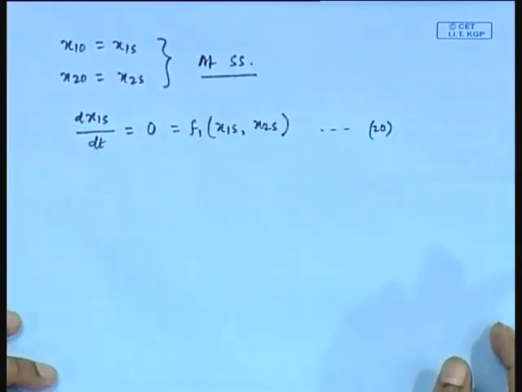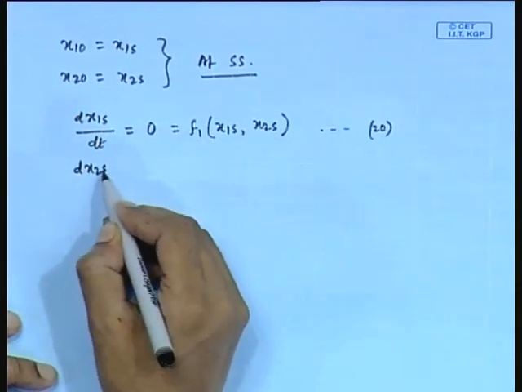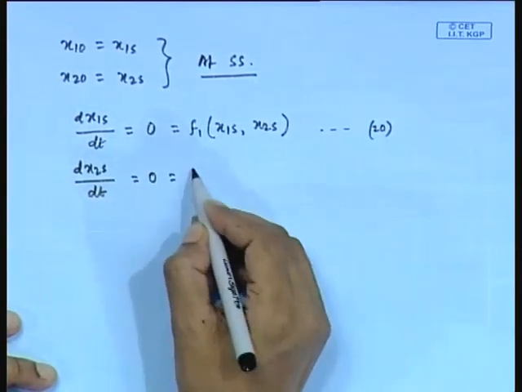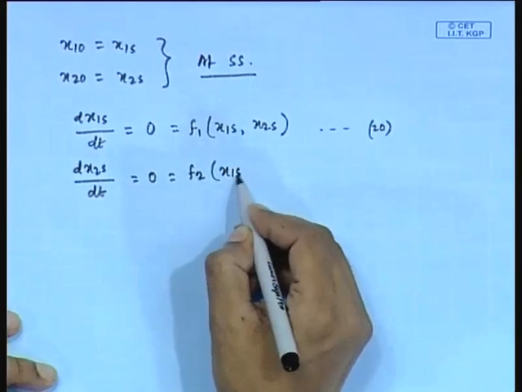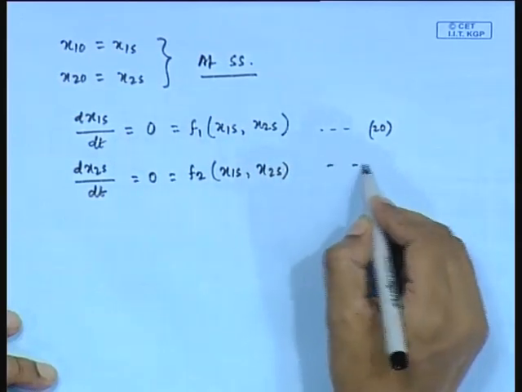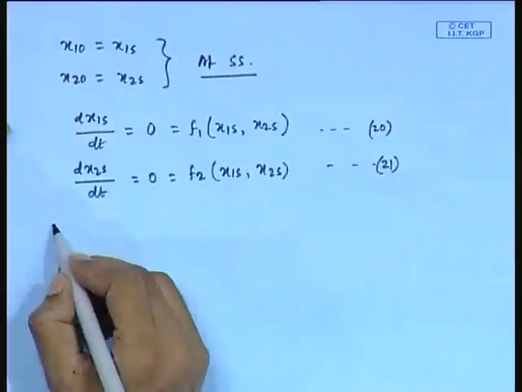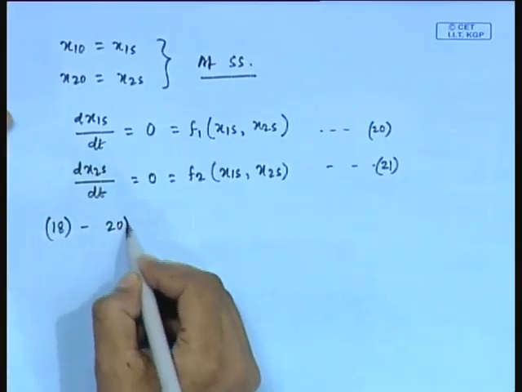Similarly, the second equation: dx2 s/dt equal to 0 equal to f2(x1 s, x2 s). Suppose this is equation number 21. What do we need to do in the next step to represent this in terms of deviation variables? We have to subtract the steady state models from the linearized models. So, next we will subtract equation 20 from 18.